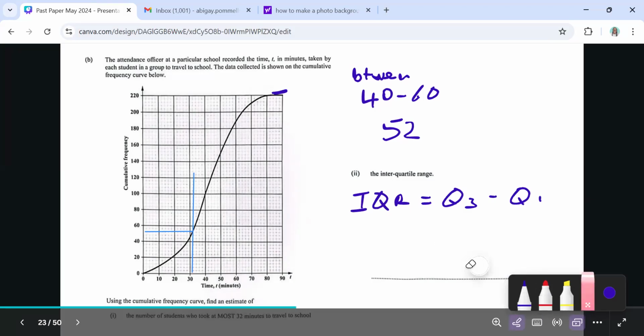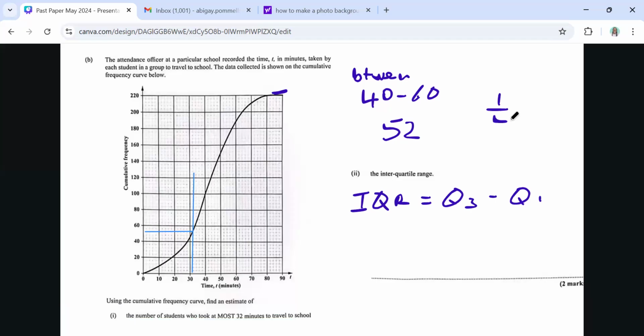This is going to take a little more time, so let me put it over here. So we have 1 over 4 times 220, and over here is 3 over 4 times 220. So this is the first quarter and this is the third quarter.